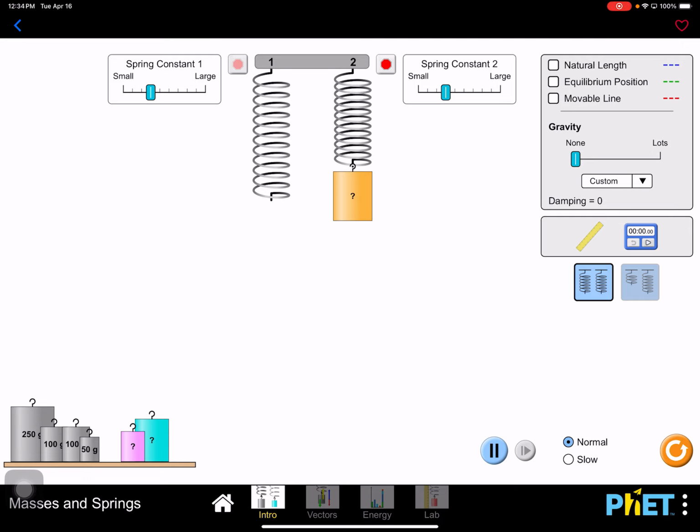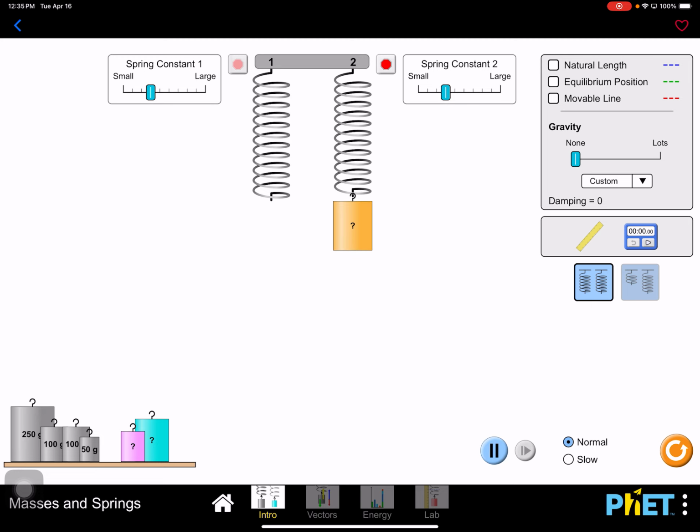Okay, so damping is 0. So this is the basic oscillation we'll study. This is called simple harmonic motion. And for something to oscillate, here's what you need.